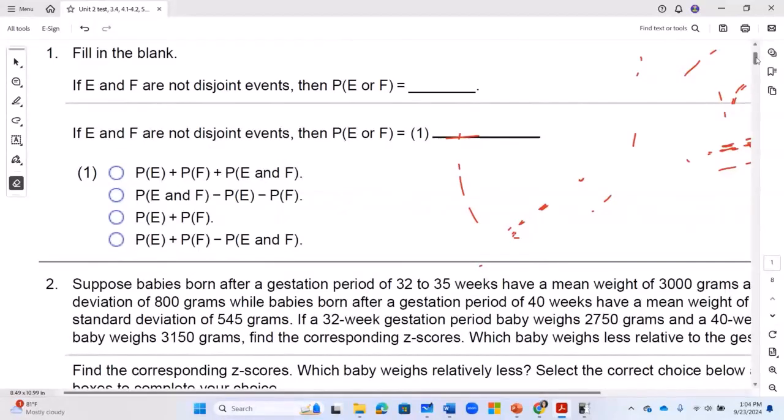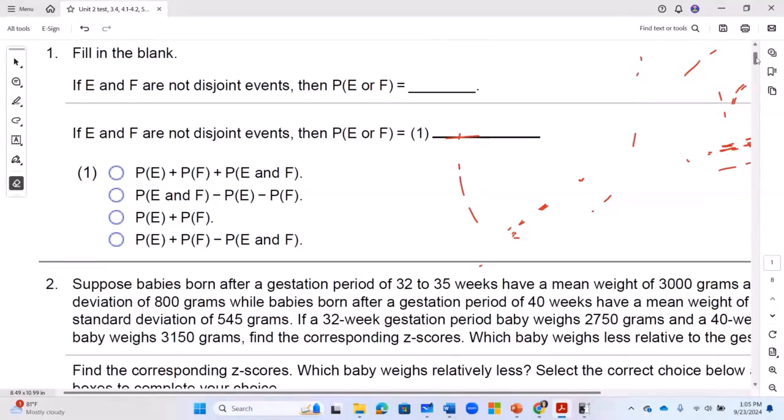Not disjoint means they are joint. I hope you understand. If event E and event F are not disjoint events, then what is the probability of E or F?